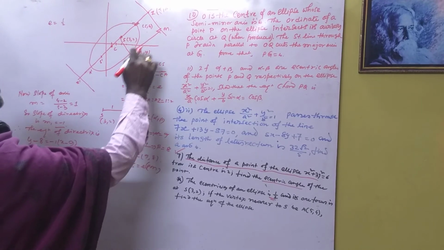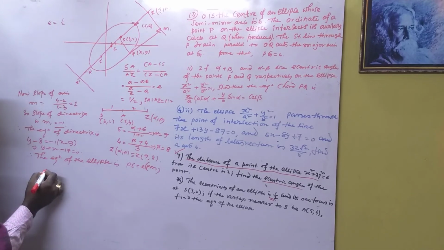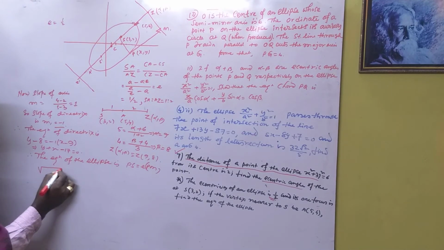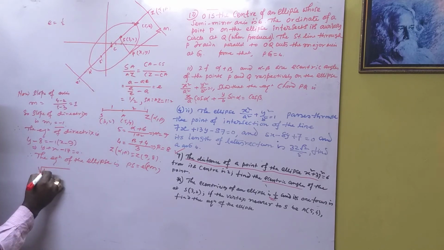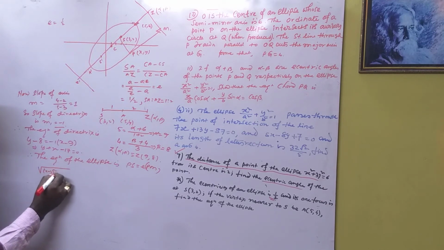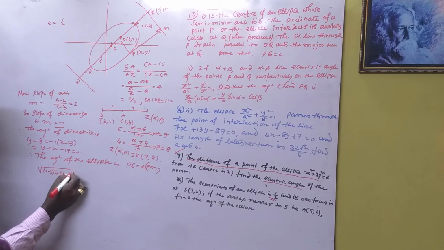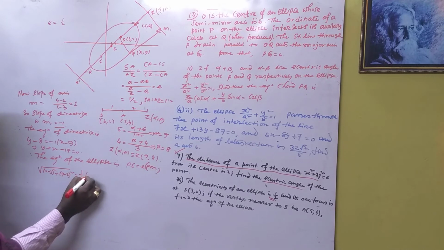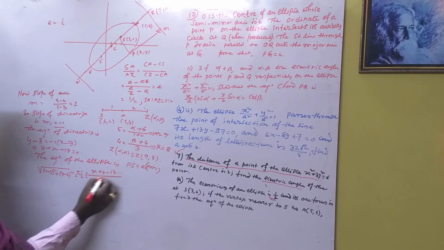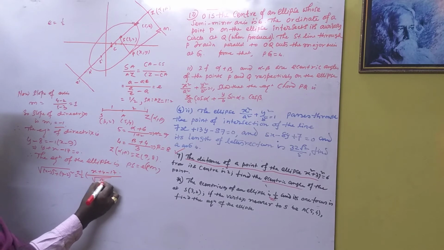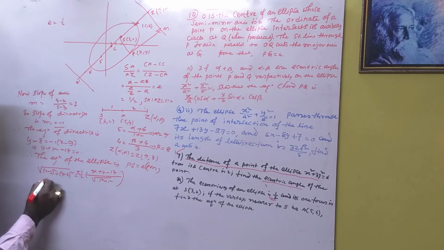So PS by PM equal to e. Now PS, the distance from (x, y) to S, is the square root of (x minus 3) whole square plus (y minus 2) whole square, equal to e, and PM is (x plus y minus 17) by root over 1 square plus 1 square. So squaring both sides.